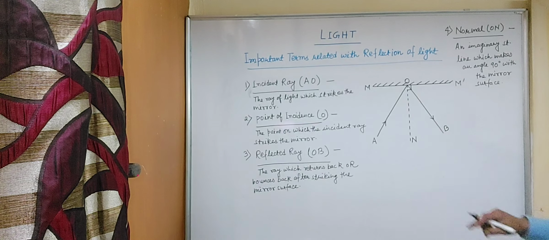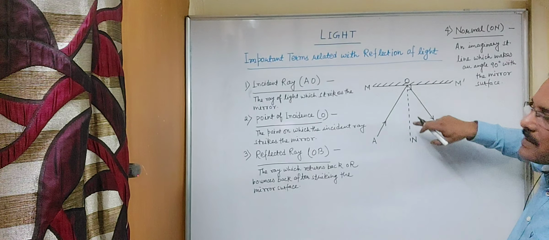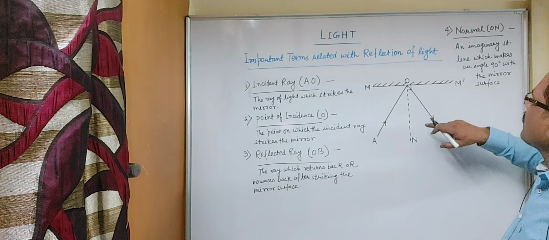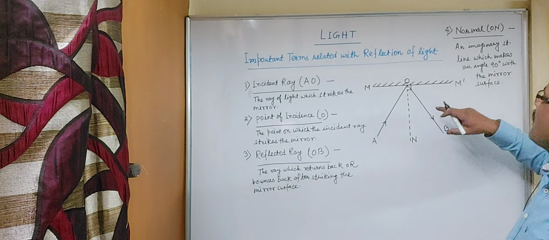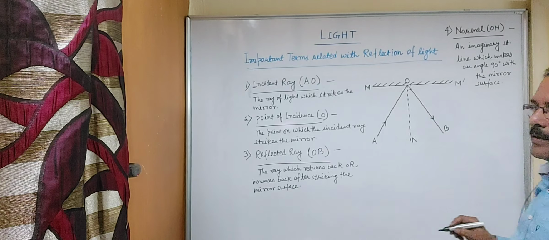So that's why we have drawn it with a dotted line, because it is imaginary, isn't it? This line is imaginary, but it makes an angle of 90 degrees with the mirror surface.